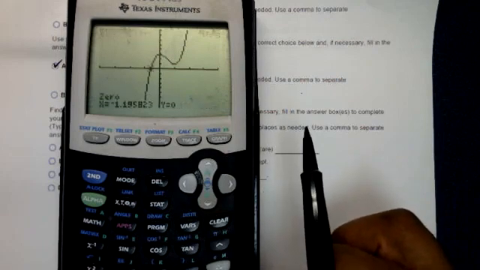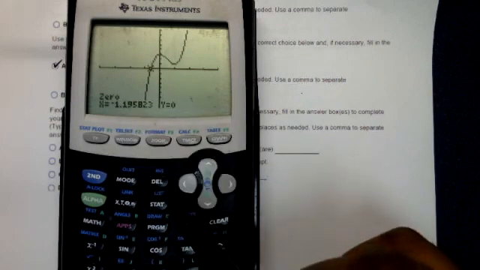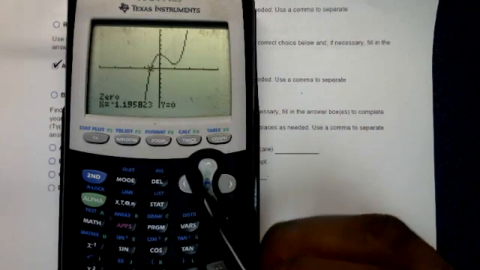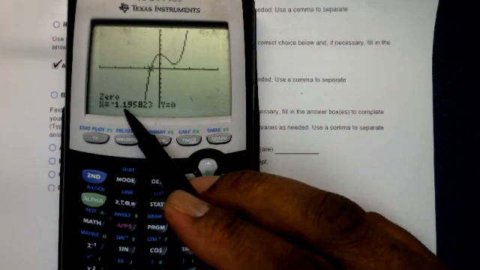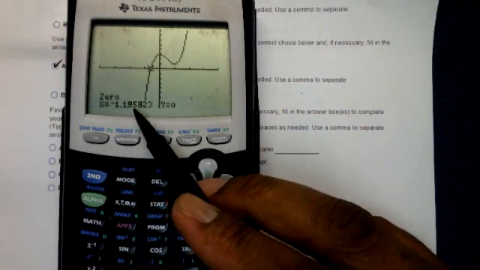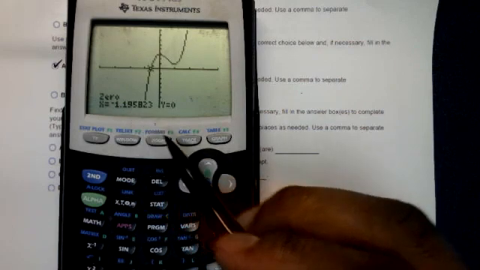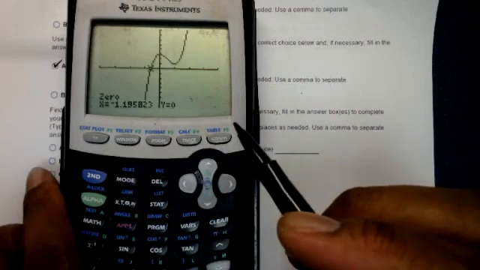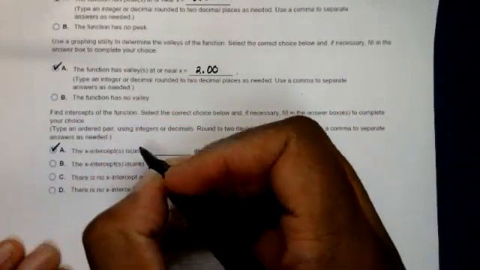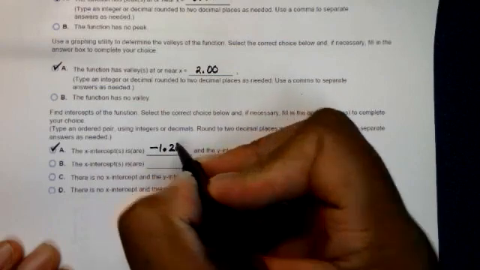After guess, go ahead and press enter. This will be to 2 decimal places. It says negative 1.19. To the right of it is a 5, so the 19 becomes 20. So it'll be negative 1.20. So the x-intercept is negative 1.20.